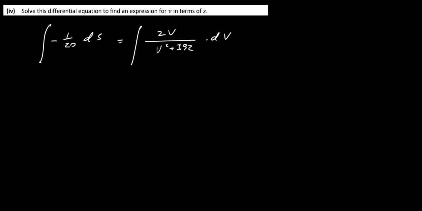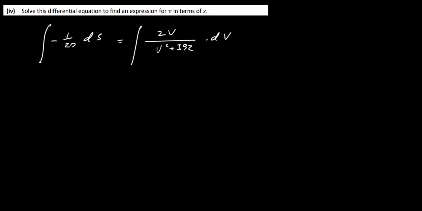Solve this differential equation to find an expression for v in terms of s. Okay, so our equation was minus 1 over 20 ds is equal to 2v over v squared plus 392 dv. So we've got to solve this. What I'm going to do is integrate both sides, and I'm going to put in limits as well.